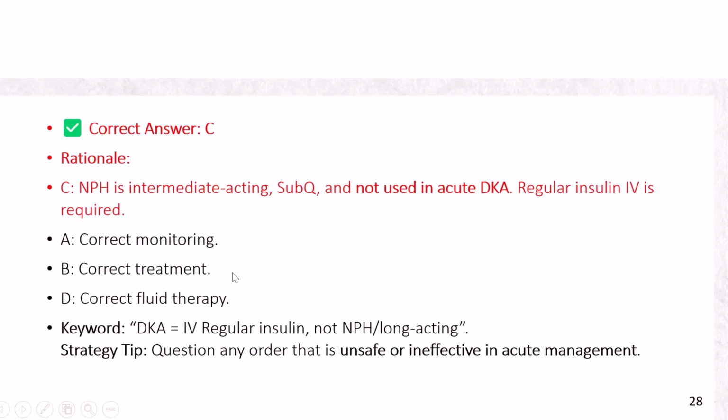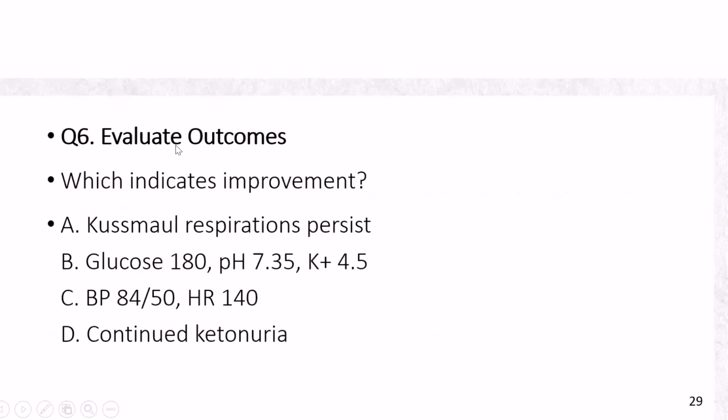You're going to wait a long time to have this working. So this is not to be done now. It's questionable and you have to ask about it. You have to question that order because it's not effective. You are dealing with an acute issue. Okay. So monitoring is important, correct treatment, and then fluid therapy. So C is out.